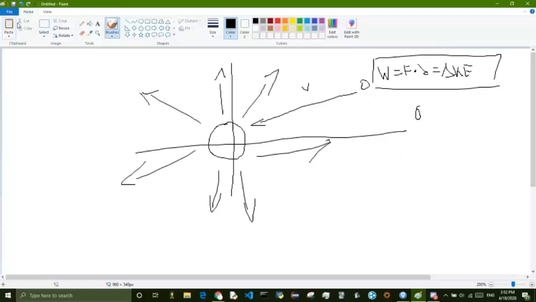Now, I have a question about the definition of work. Sometimes work is defined as force times displacement instead of distance, and sometimes it's defined as distance. Why is that the case? Okay, I see what you're saying.